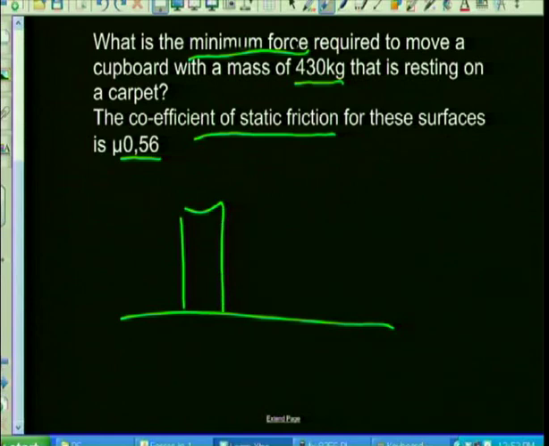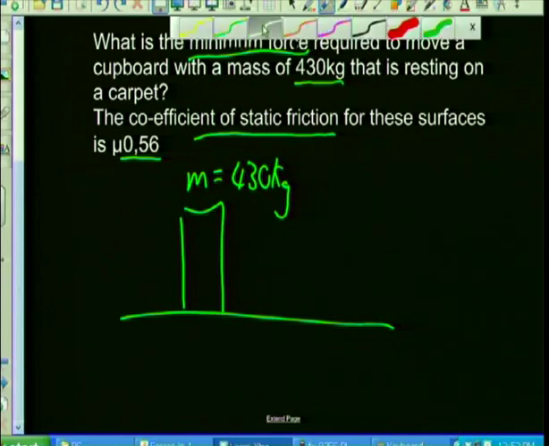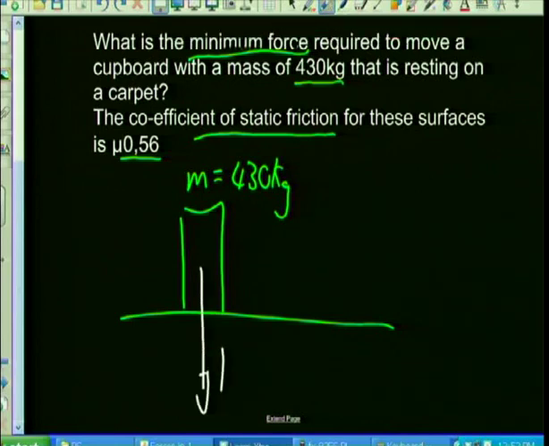So let's draw a little sketch so we've got it clear. Here is our cupboard, and we know that the mass of the cupboard is equal to 430 kilograms. Acting on that object, if we look at all the forces, there is Fg and there is the normal force. Because it's stationary and those are opposite each other, we know that the magnitudes are equal. So let's work out what Fg is going to be.